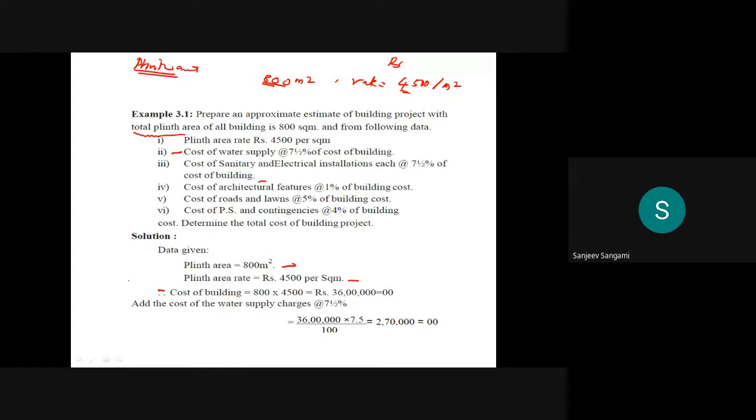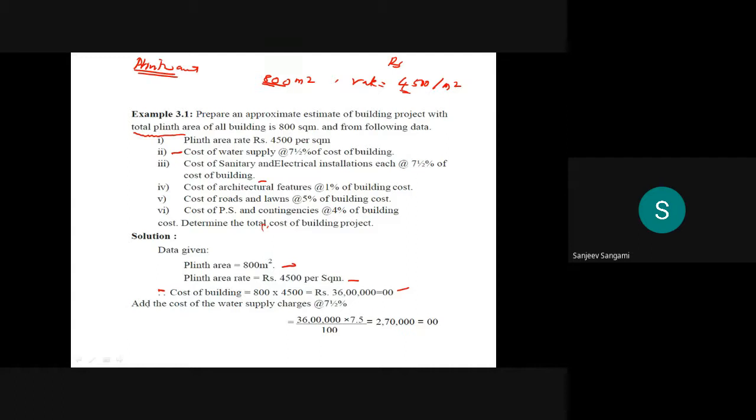How much will be the cost of the building? Just multiply 800 and 4500, and you'll get 36 lakhs. You'll get the total approximate cost of the building, that is equal to 36 lakh.